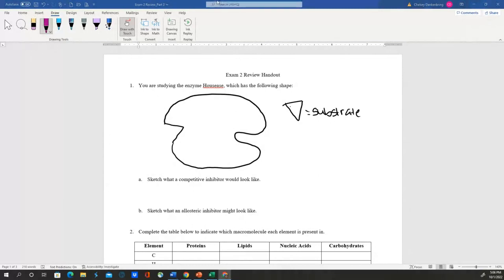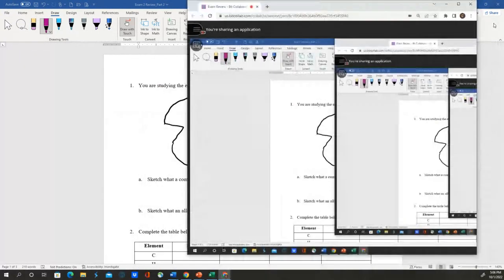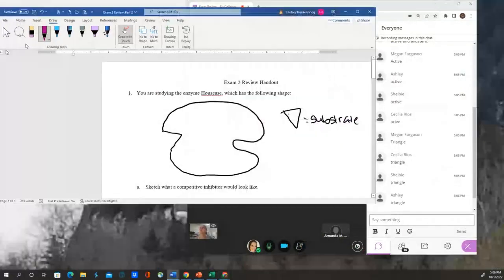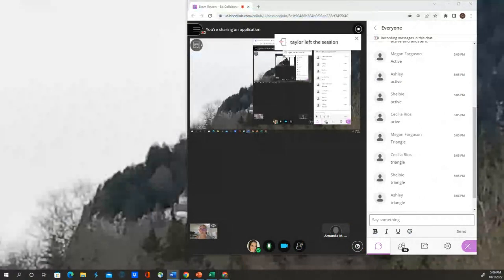I've got to switch my screens real quick. I have to have Word open on the monitor in order to draw on it. Sorry, y'all. Hold on. This is my husband's setup, not mine, so it's a little backwards. Okay, let me unshare and let's try this again. Sorry, y'all. Okay, let's see if this will work for me.